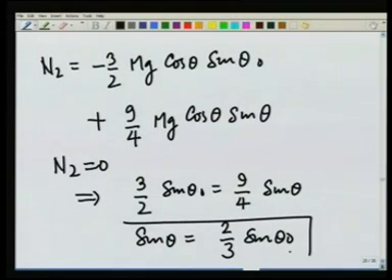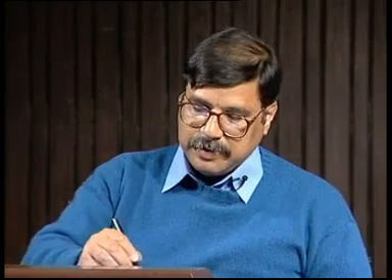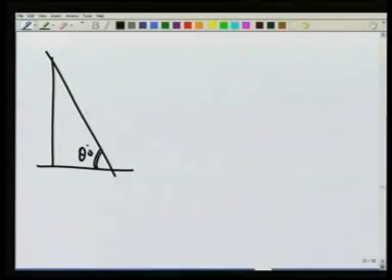So, if we start with an angle theta 0, at sin theta equals 2/3 sin theta 0, the ladder would leave the wall. So, let us see the picture again. This is theta 0. At 2/3 of sin theta 0, that means at 2/3 of the original height, the wall and ladder would separate.